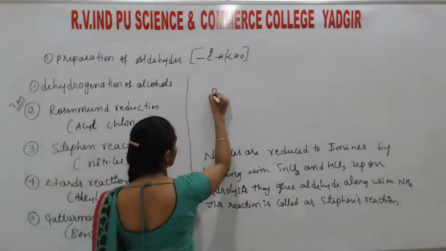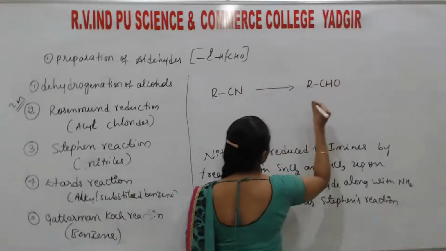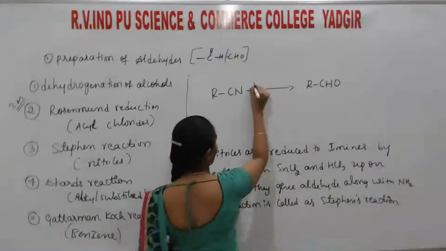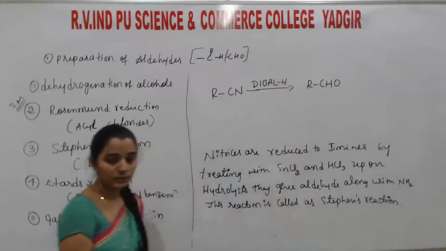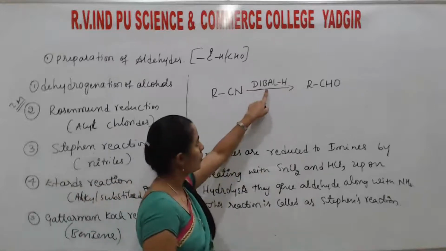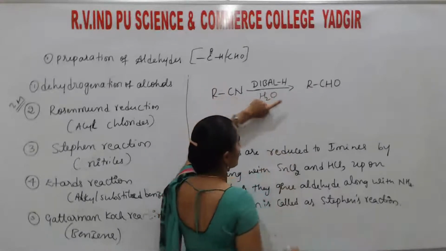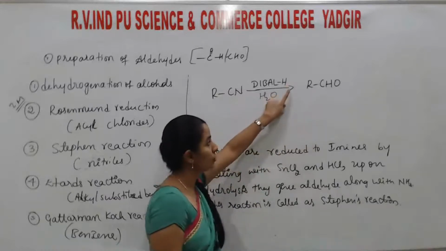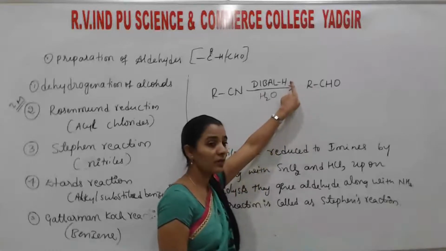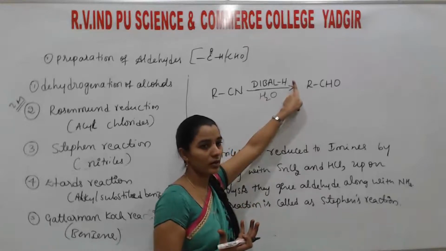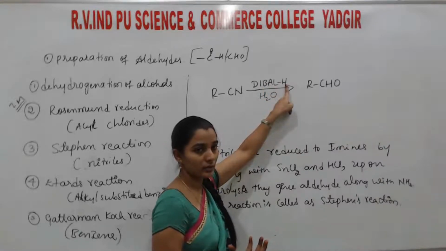So listen, these RCN compounds can be directly converted into RCHO compounds by using another reagent, diisobutyl aluminium hydride. This is the reagent which, upon hydrolysis, gives RCHO. Here the same reaction takes place: addition of hydrogen, imine forms, and after hydrolysis RCHO forms. As the reduction reagent used here is diisobutyl aluminium hydride.